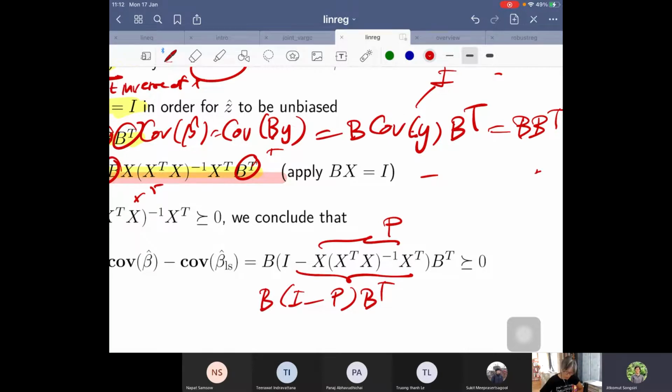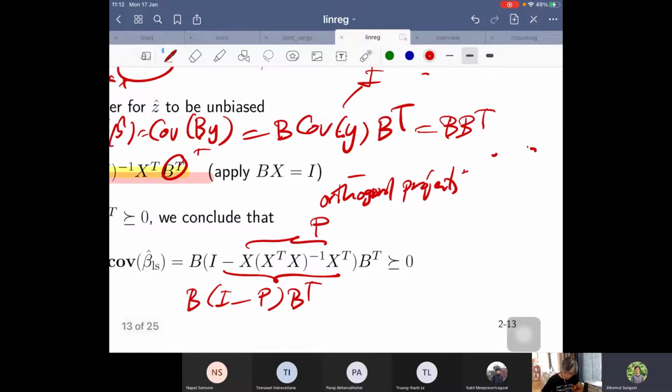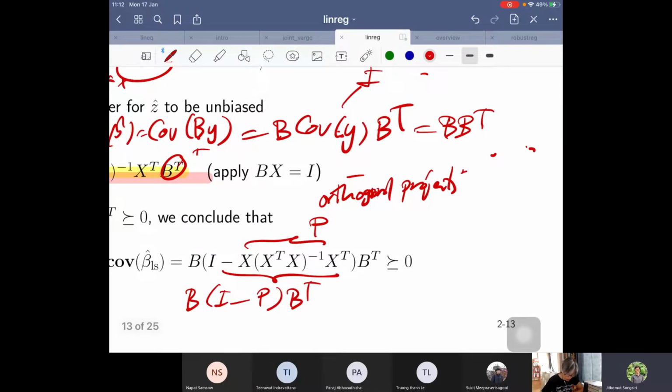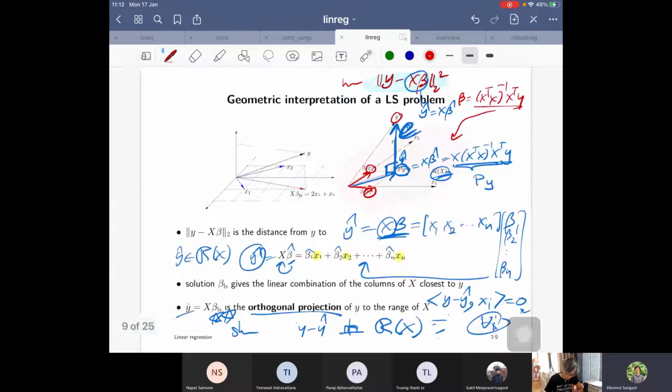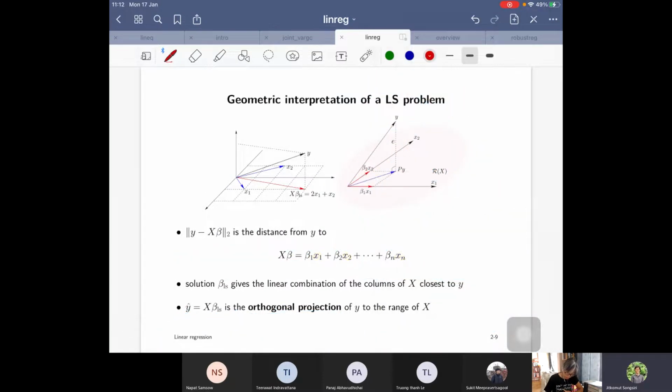This is the orthogonal projection matrix. It's a matrix that maps from Y to give the prediction Y hat. Refer to the previous slide. It's here.